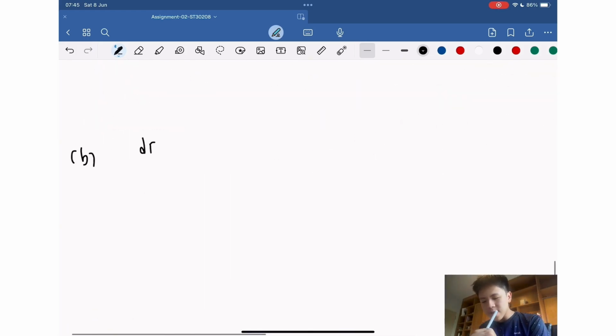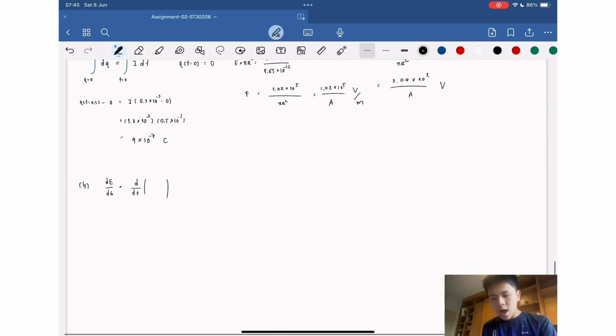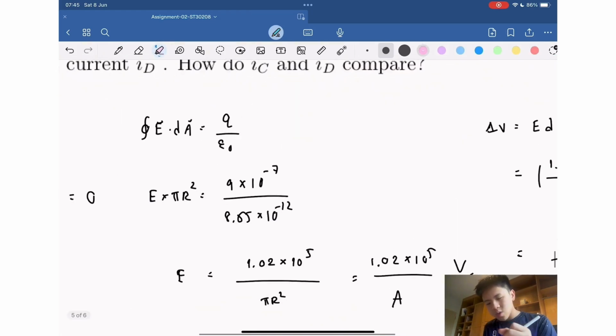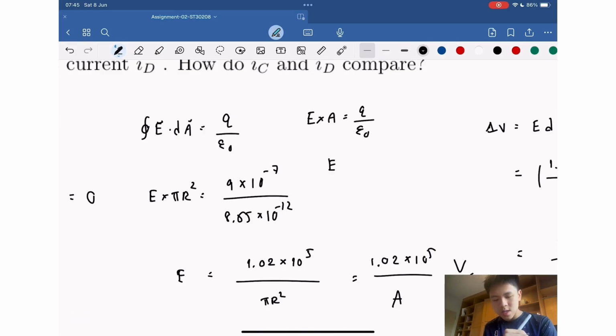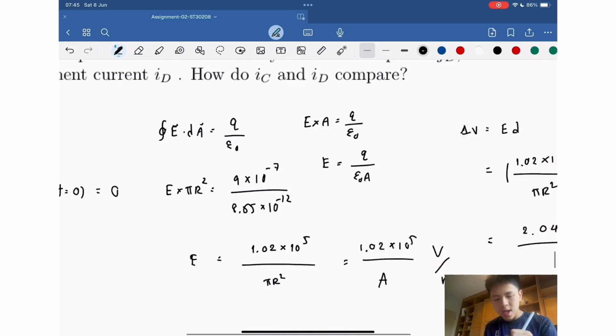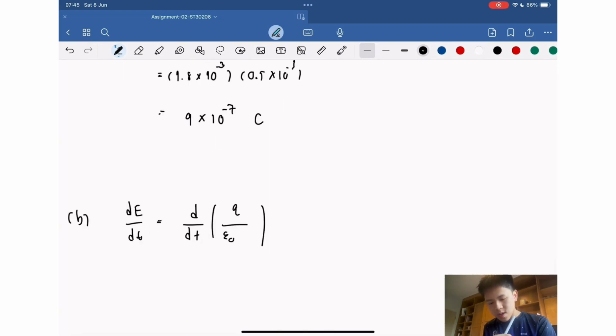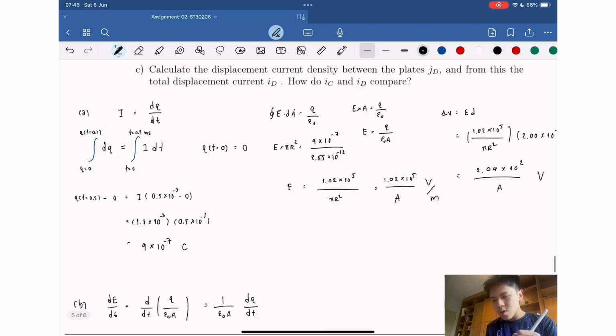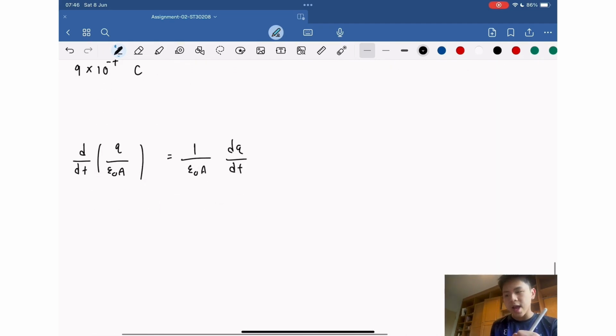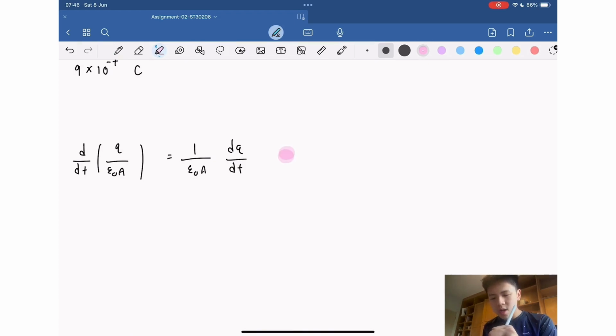So first of all, dE by dt is equal to d by dt of E. E times A is equal to Q over epsilon 0, so E is equal to Q over epsilon 0 A. Epsilon 0 and A, I know that they should be constant, so we have dq by dt, and we also know that dq by dt is equal to I, and I is also constant, so we will get a constant value.